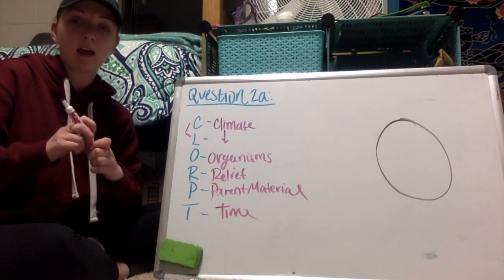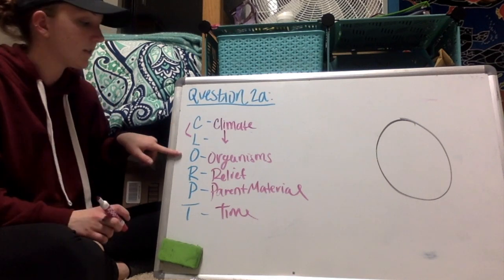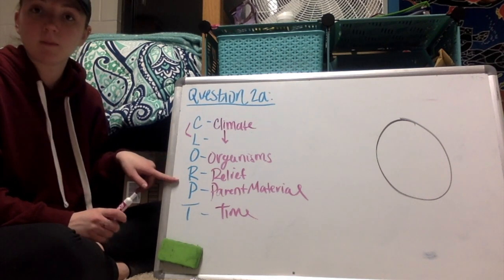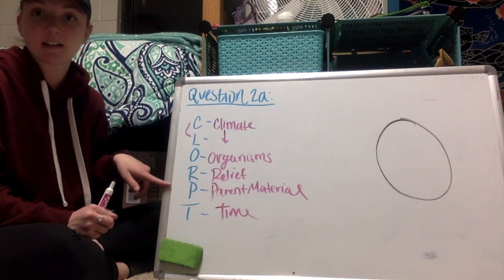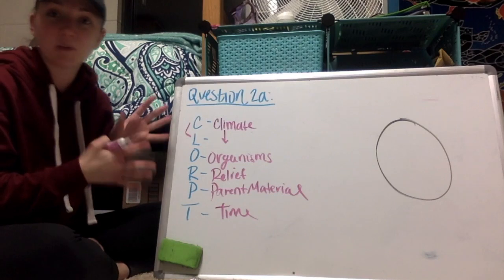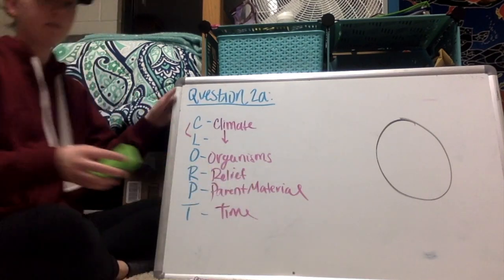So CL stands for climate, O stands for organisms, R stands for relief, P stands for parent material, and T stands for time. And this is going to help us draw our model over here.